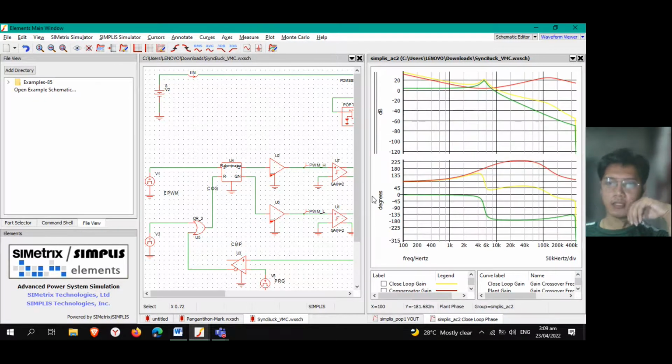Here we can see the closed loop gain, which is the yellow line, the compensator gain, which is the red line, and the plant gain, which is the green line.